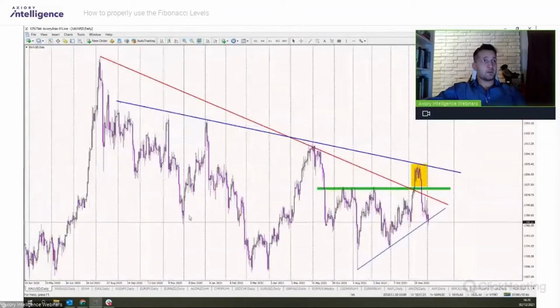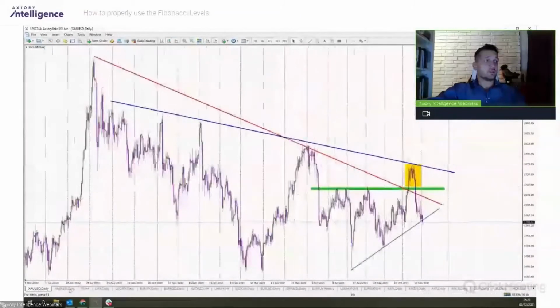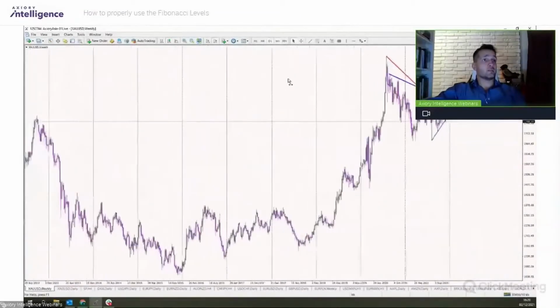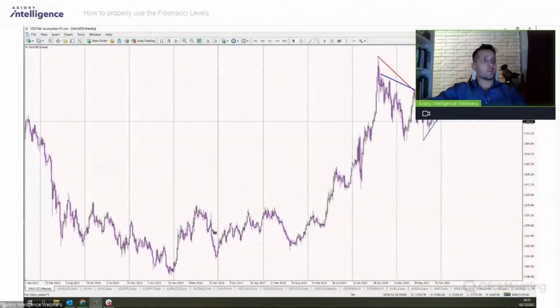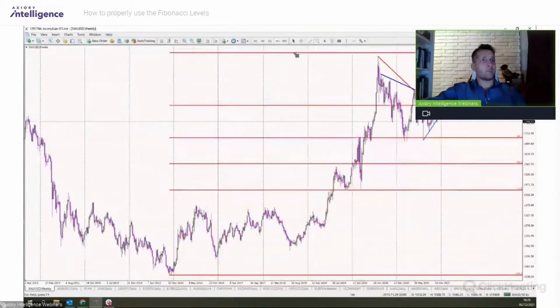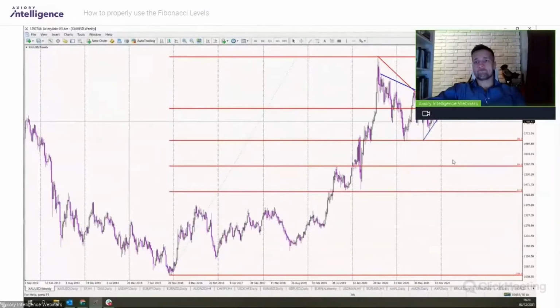Where I do have Fibos, oh, this is beautiful. This is gold on a weekly chart. This uptrend which lasted from 2015 to 2020, and this correction. Look where this correction stopped.